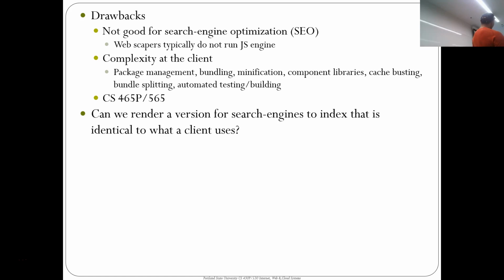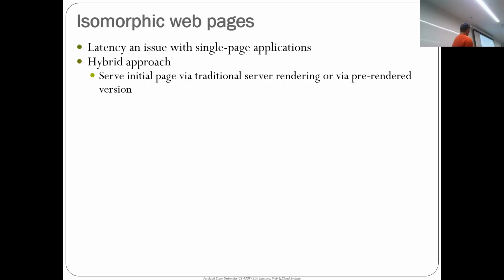So one of the drawbacks here was, can you render a version of this single page application that the search engines can index that is identical to what a client actually sees? This leads to something called isomorphic web pages, and isomorphic means it has the same shape.